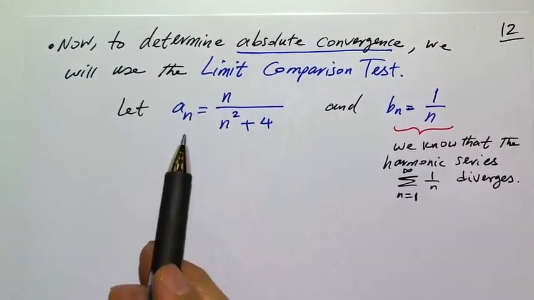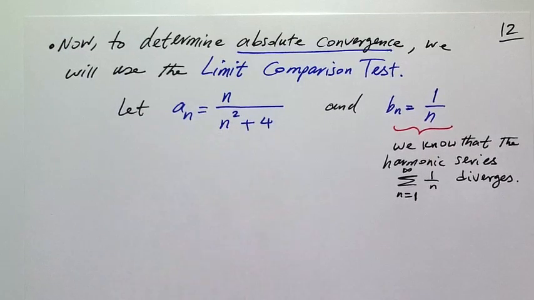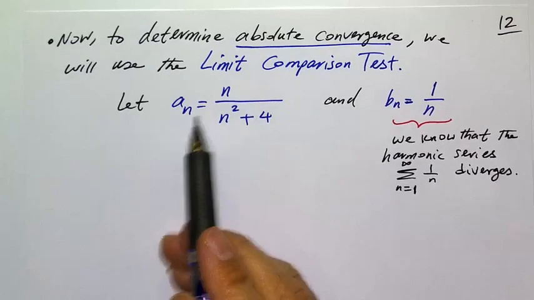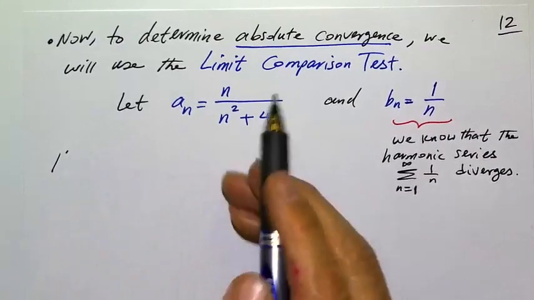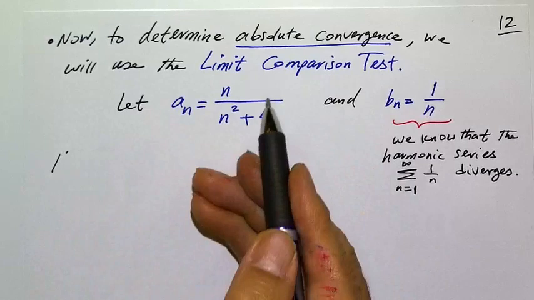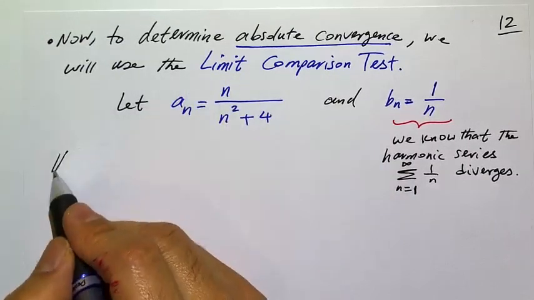Now by this test, we're going to investigate the behavior of what we have. So the way to do it is to take the limit of the ratio of an divided by bn. We're going to apply this test. You can refresh your mind by looking back at section 8.3.